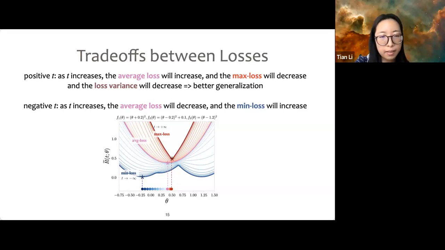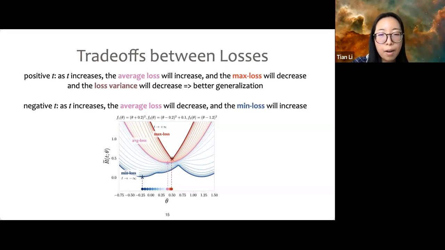It's essentially saying that we are increasing the bias by reducing the variance, and potentially we can get better generalization. And when t is negative, we show that when t increases, the average loss will decrease, and the max loss will increase.